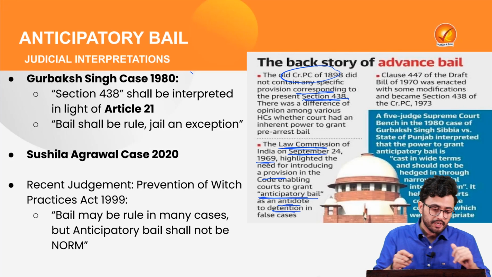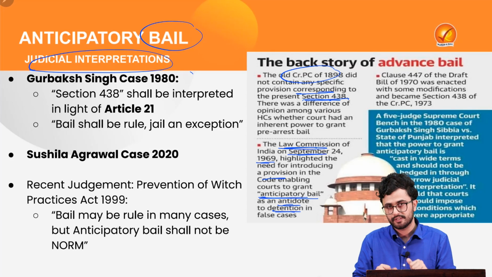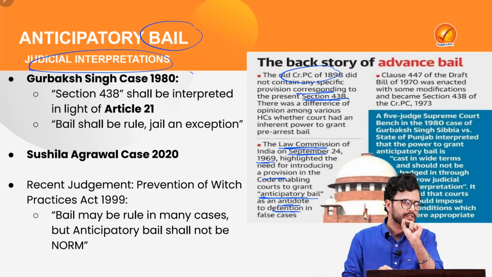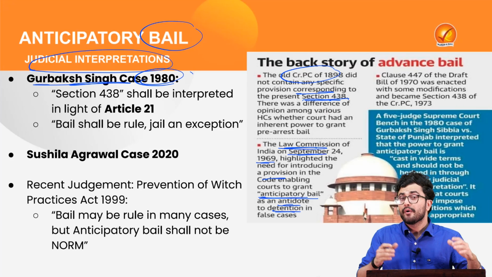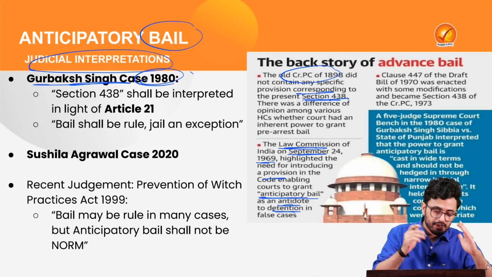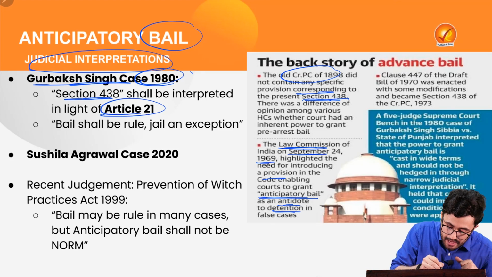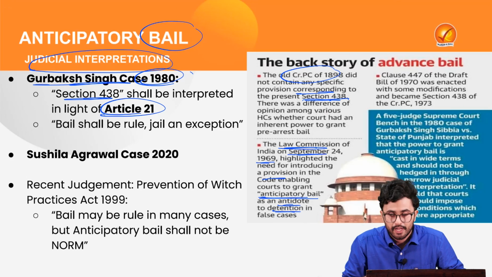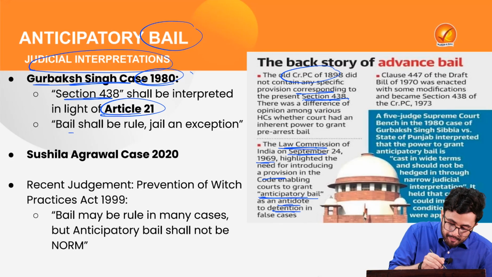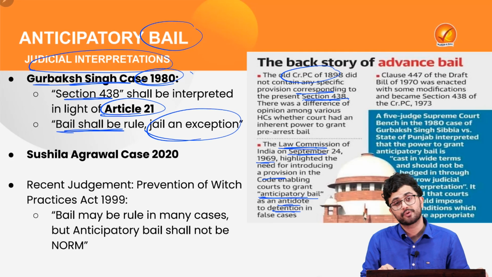Thus, there are several important judicial interpretations related to bail provisions. The first and foremost is the famous Gurbaksh Singh case of 1980, where the court held that section 438, or anticipatory bail, shall be interpreted in the light of Article 21, which protects the right to a dignified life of an individual. Thus, it laid down that bail shall be the rule and jail shall be an exception.